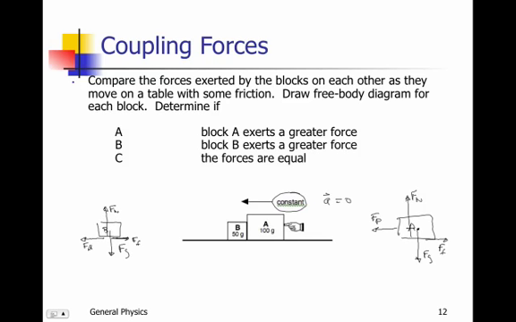But it also feels a push backward, in the same direction as friction, from B. So that means my push here has got to be bigger. It's got to be the sum of those two. It's got to look like that. And that's what A would feel.